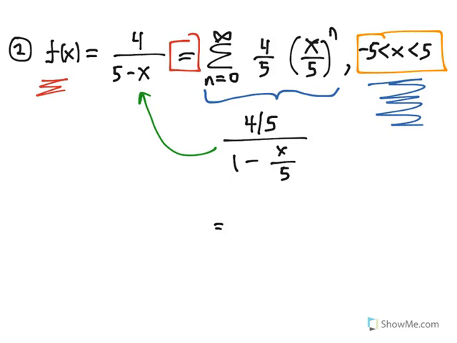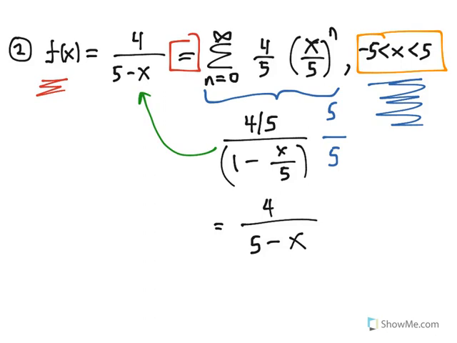All you would have to do is multiply what we have here by 5 over 5, which is a form of 1, and 4/5 times 5 is 4, and in the denominator, if you distribute the 5 to each of the two terms, you get 5 minus x.